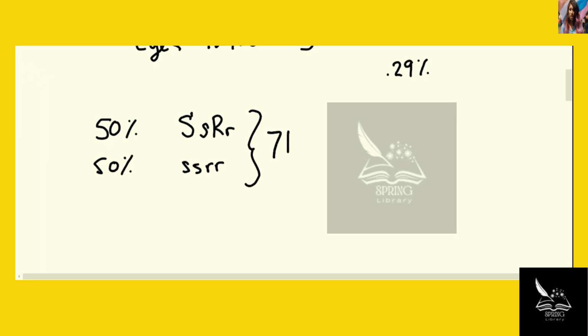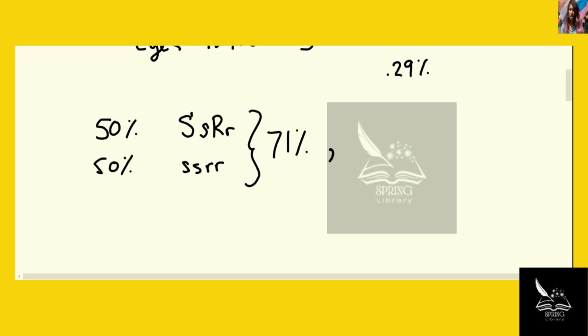Okay, so we initially predicted that 50% would be this heterozygous, and that 50% would be homozygous recessive. But since 29% are going to recombinate, then we know that 71% will be of this kind.